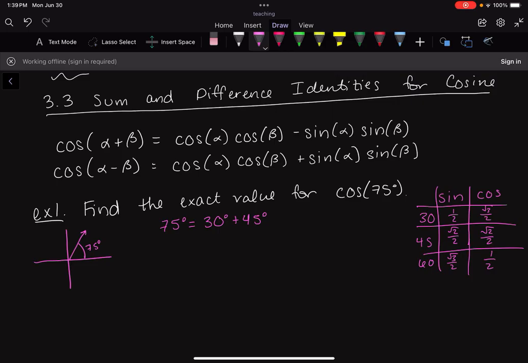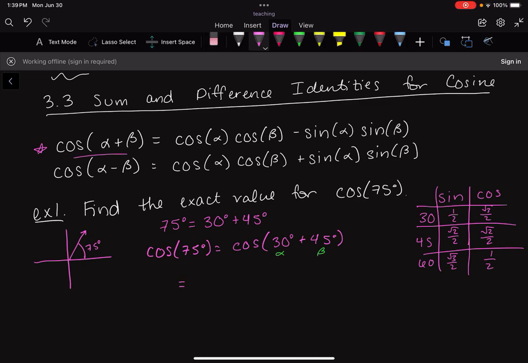So I'm going to use this identity right here. So instead of saying cosine of 75 degrees, I can say, well, that's equal to cosine of 30 degrees plus 45 degrees. And so now I'm treating this like my alpha, this like my beta, and I'm going to write in the rest of the identity.